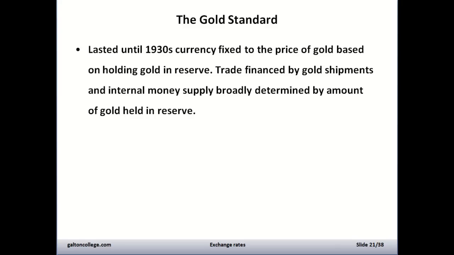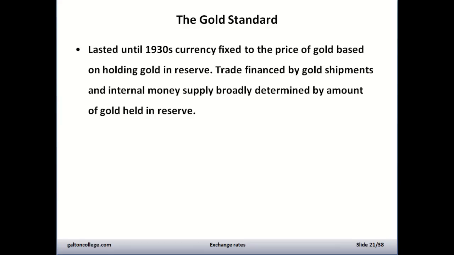Now, if the UK, let's say, was importing more than it was exporting, it was paying for it in pound sterling, but in fact it was really paying for it in gold. So the amount of gold in the country would be reduced, making the country poorer. That meant there would be less imports in the future.